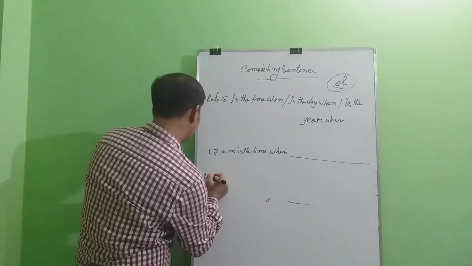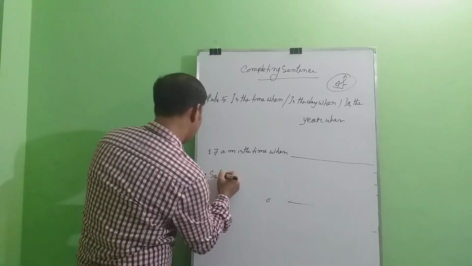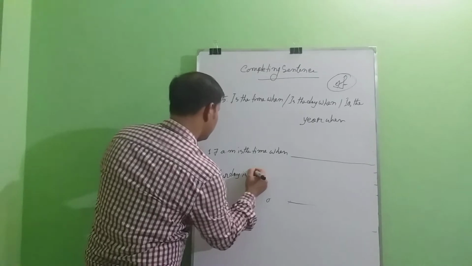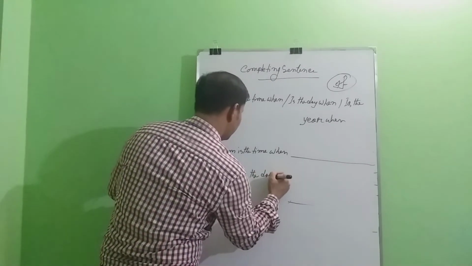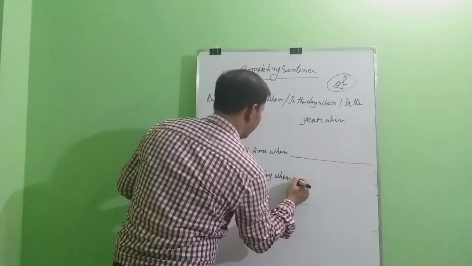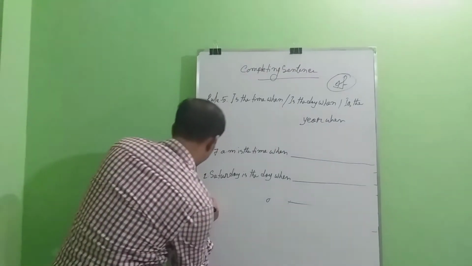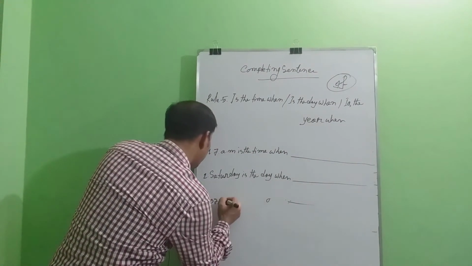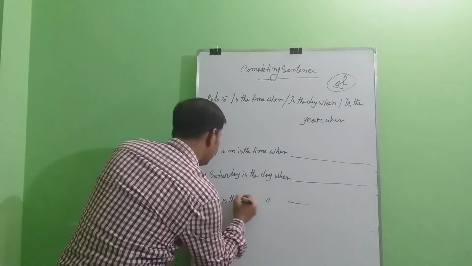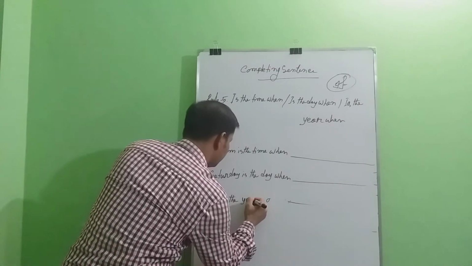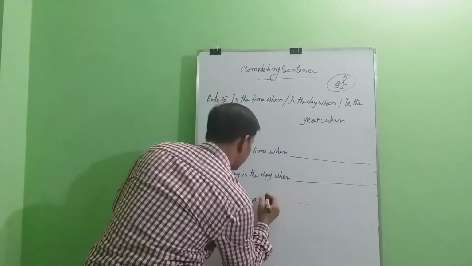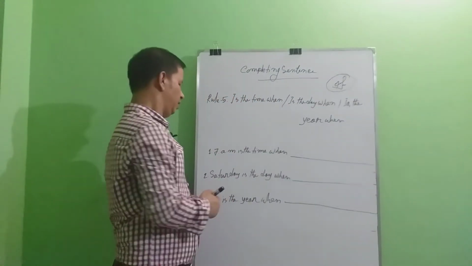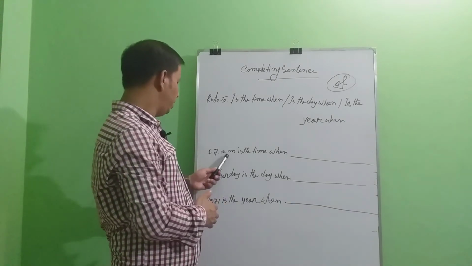Number 2, Saturday is the day when dash. Number 3, 1971 is the year when dash. Student, look at the first sentence.